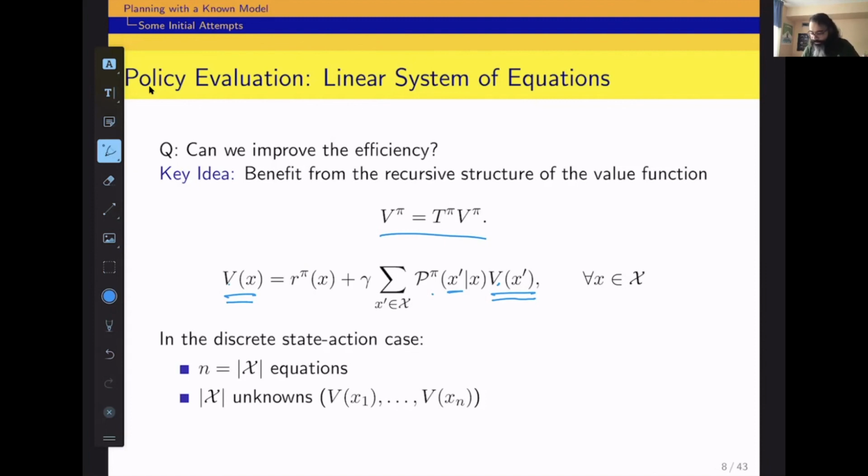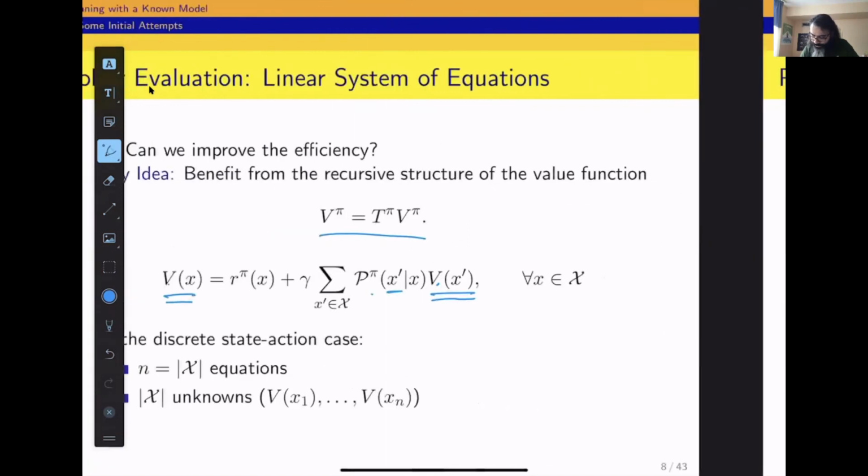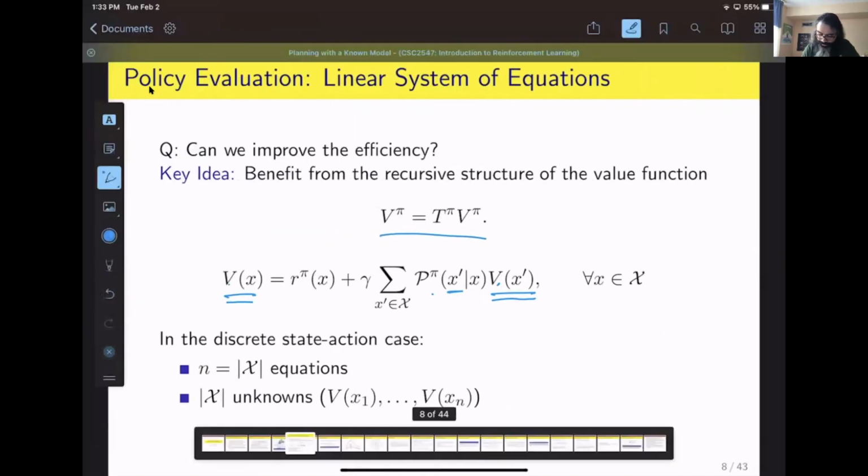So if you find a v that satisfies T pi v = v, then we can conclude that v is v pi. Here I'm just writing the equation for v. If I find a solution of it, that solution would be v pi.